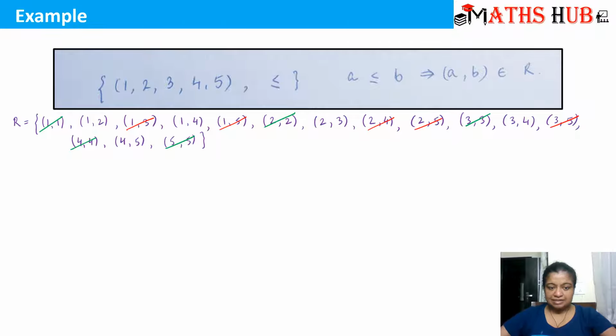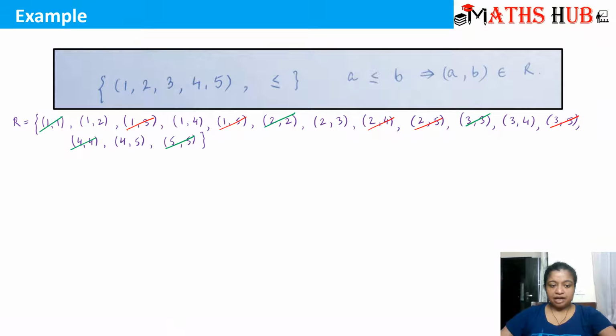Anything else that you can see can be removed? Do you find any other transitive pairs? Okay. So I don't think any other transitive pair is left.